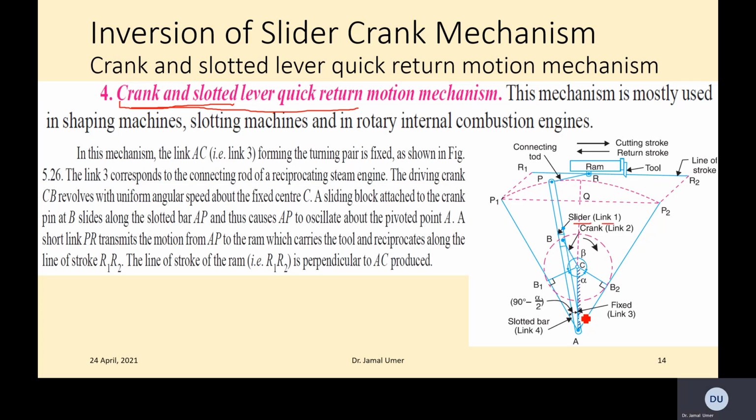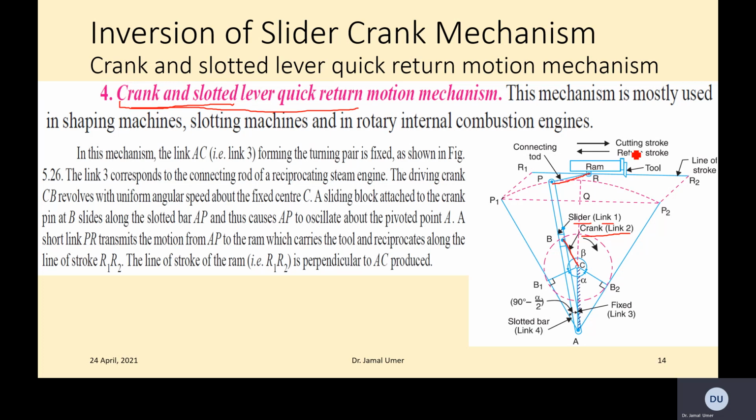So this one big bar, and you have a crank, which is link 2, moving in a circular motion. So this is the crank, which is linked with a connecting rod. So this is the connecting rod, which helps move this ram.